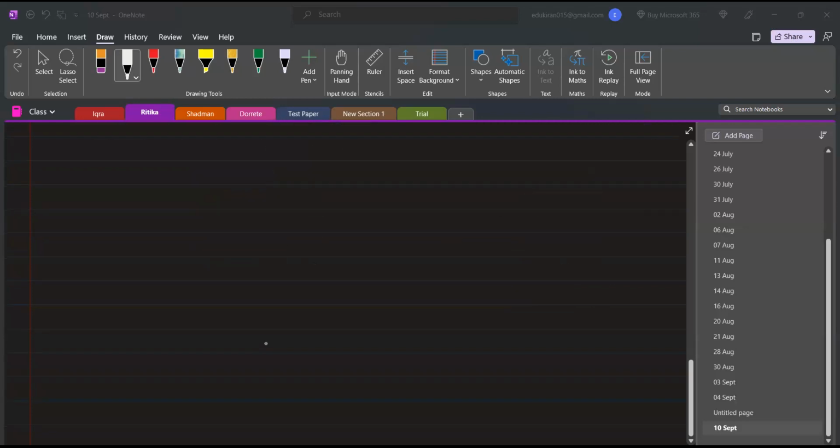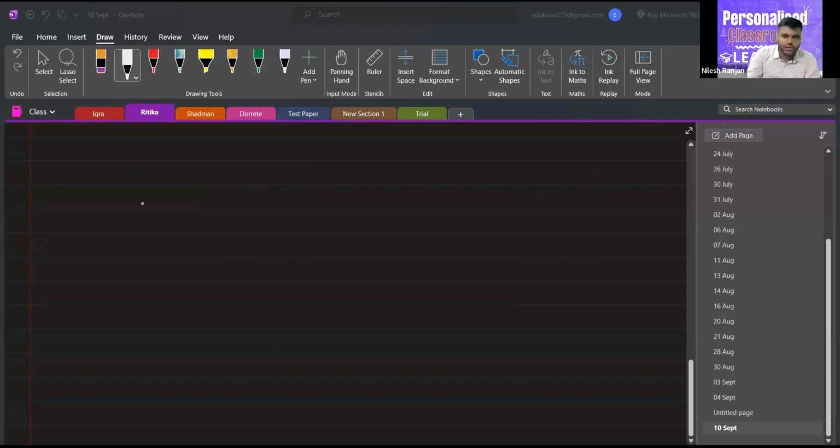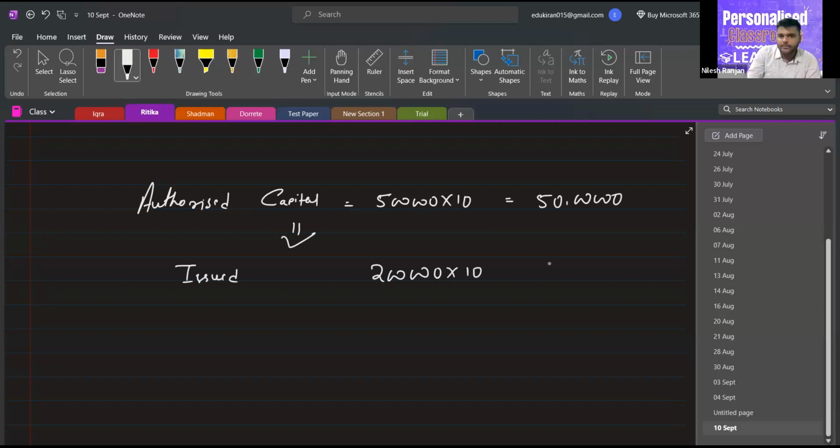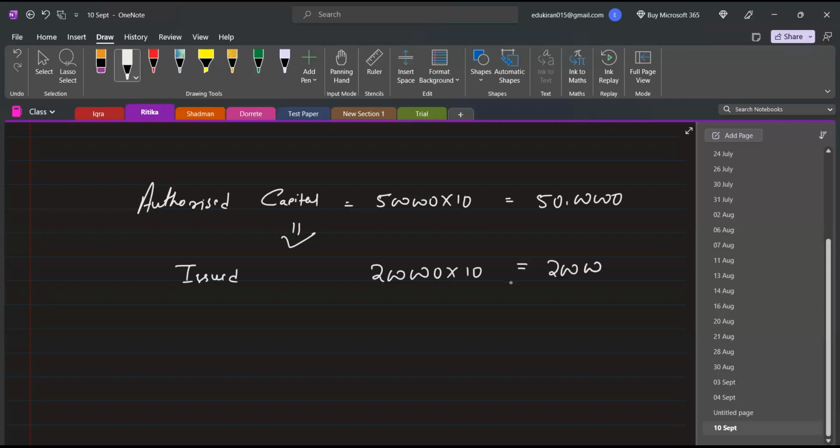I told you that total authorized capital here we have is 50 lakh. 5 lakh into 10 is 50 lakh. After that, in this authorized capital, we have issued 2 lakh shares. And this is our issued capital.